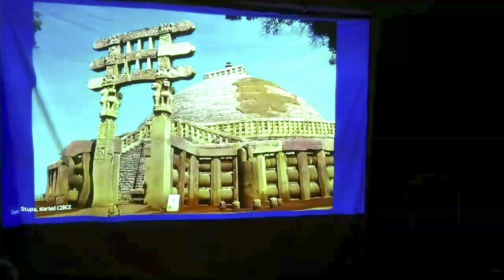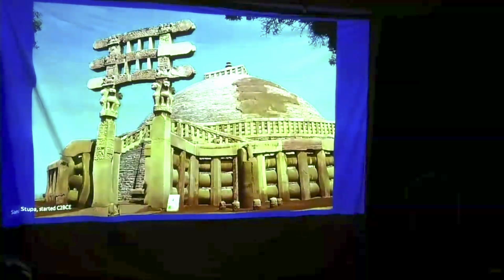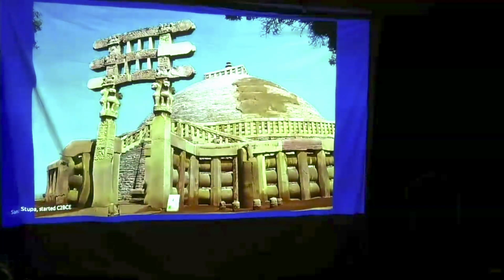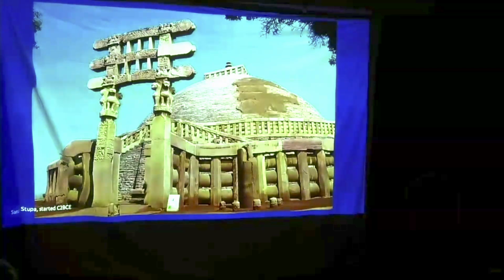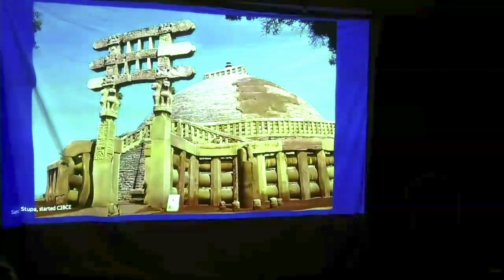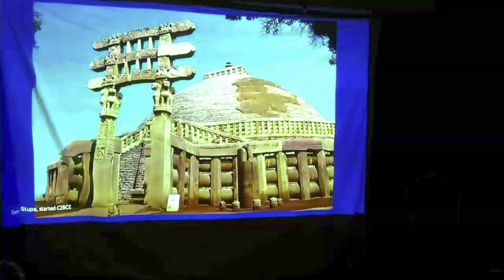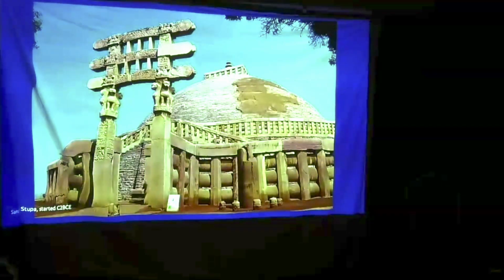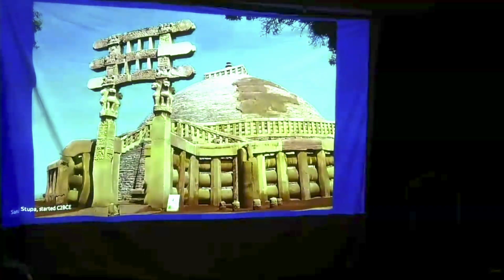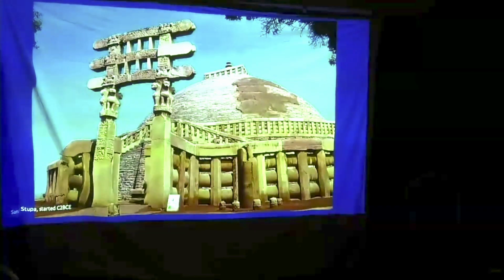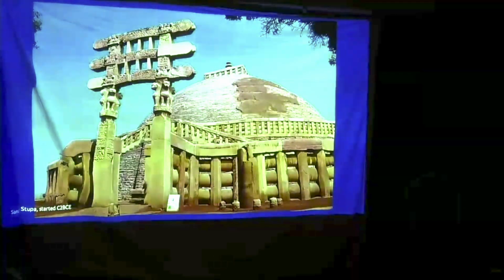The stories, the myths, the legends, the archetypal significance of some of those events make a really rich archive for us to connect with and think about the qualities of the Buddha, the historical Buddha. So this is Sanchi Stupa in India.